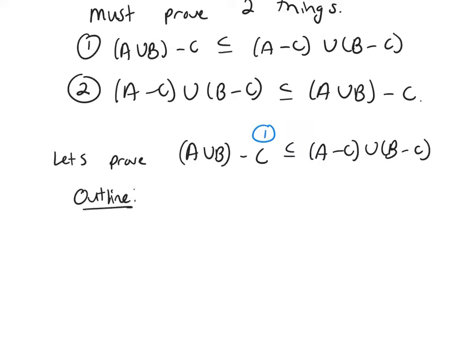So what does the outline of this proof look like? Well, where do I start my proof? I would start by taking X to be an element of A union B minus C.